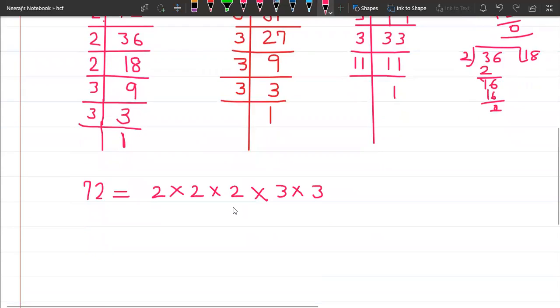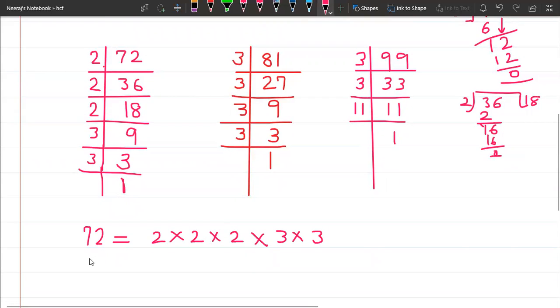Now the next number is 81. We will write 81 and its prime factorization, that is 3 multiplied by 3 multiplied by 3 multiplied by 3. So this would be 3 multiplied by, this is 4 times 3. So we will write 4 times 3.